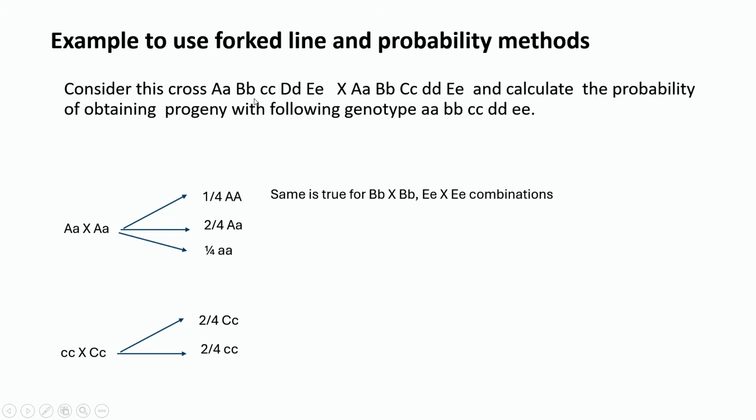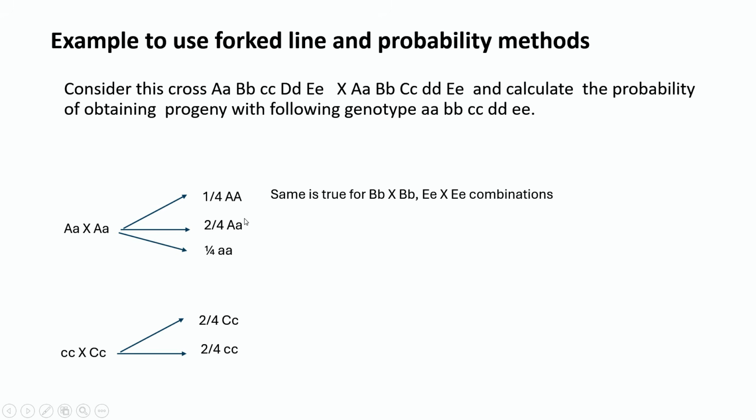So you see in all these combinations, heterozygous Aa is crossed with heterozygous Aa. If you look at B, the heterozygous Bb is crossed with heterozygous Bb. Same is true for Ee. And so the outcome for A, B and E is going to be the same, right. So they want us to look at the probability of aa.